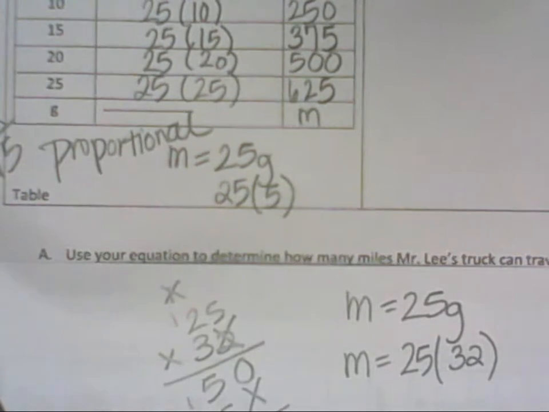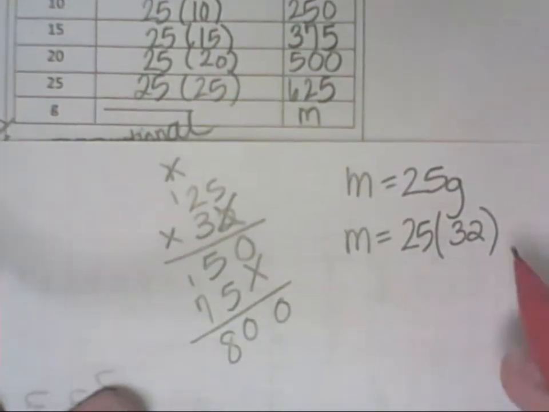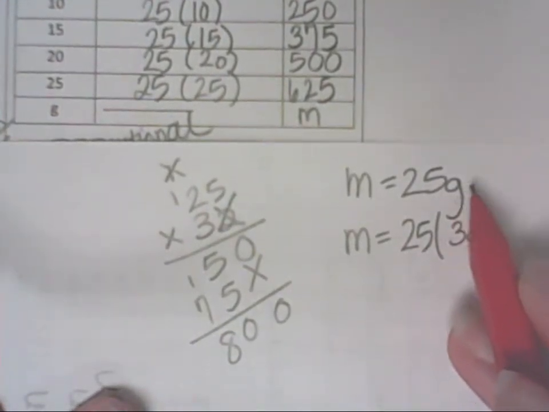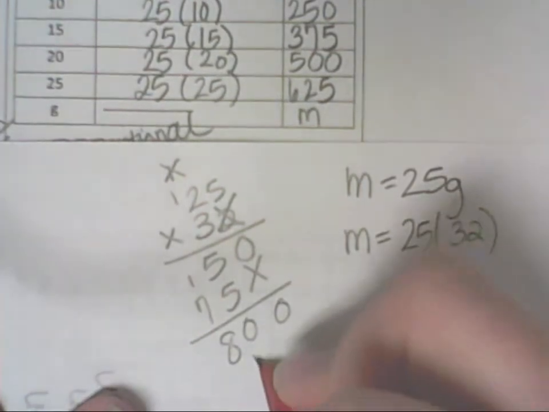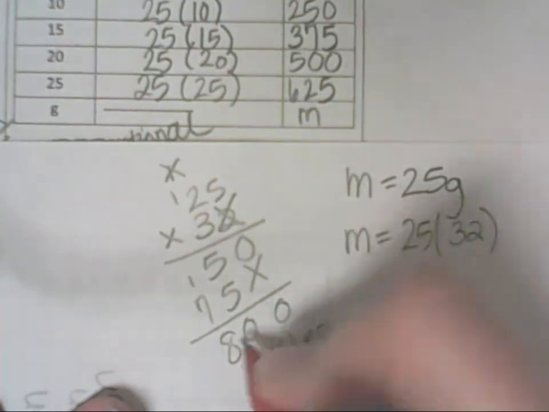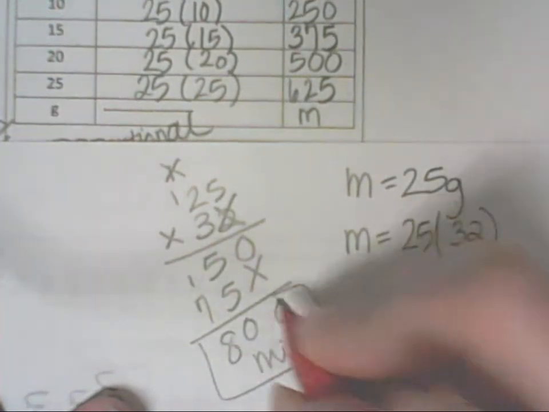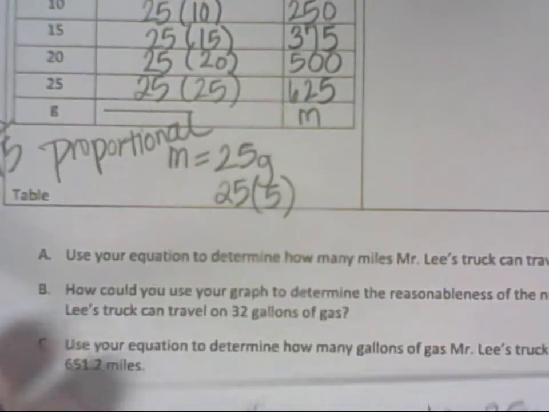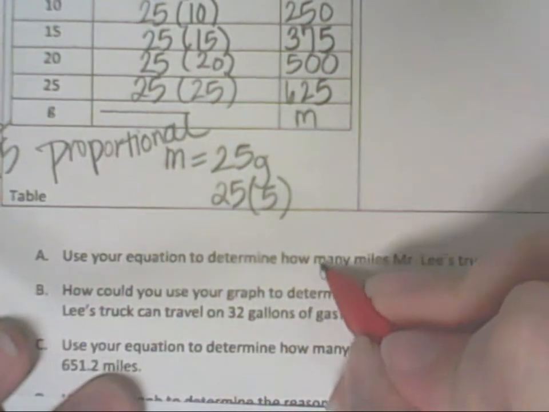And I have determined that on 32 gallons of gas, he can travel 800 miles. So that's your answer to A. He can travel 800 miles.